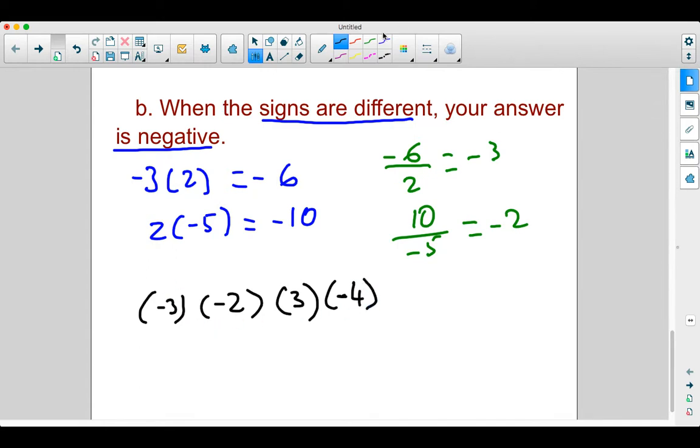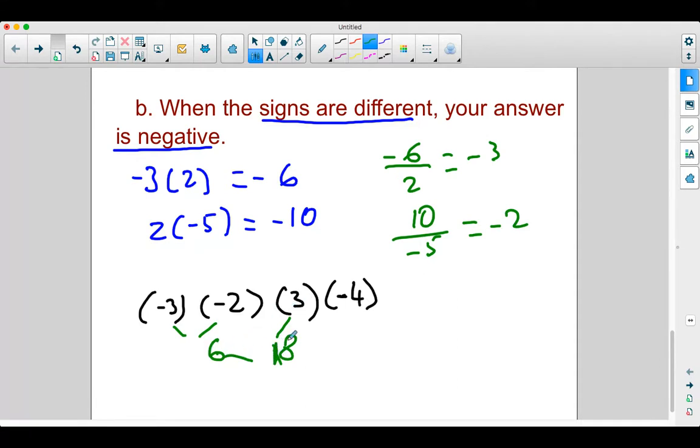Every time that you multiply a pair of numbers, you apply the same rule of signs. So right here you have a negative times a negative, same sign, your answer is positive. Now, 6 times 3 would be 18. The two numbers are positive, so my answer is positive.